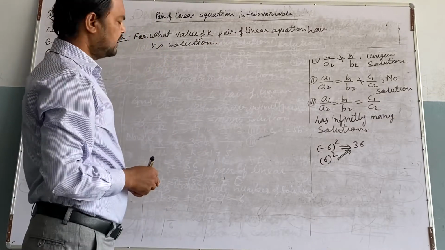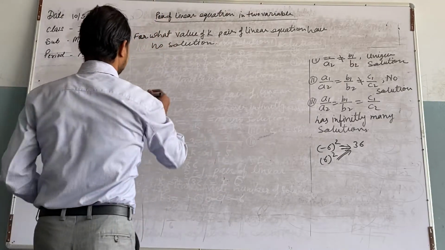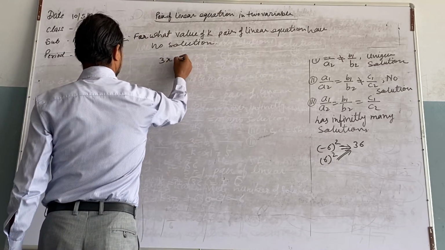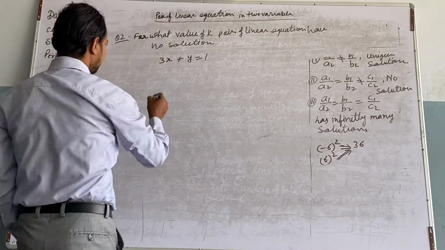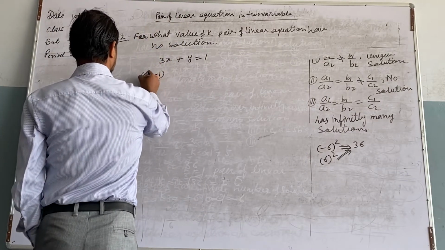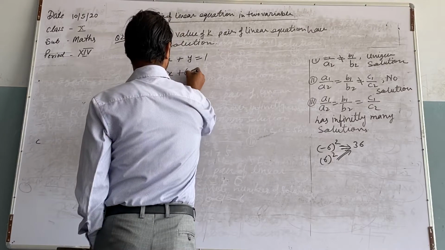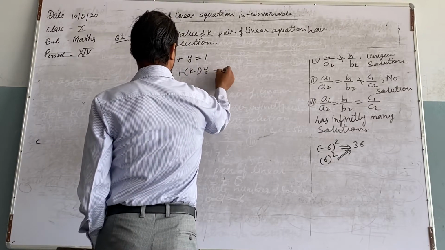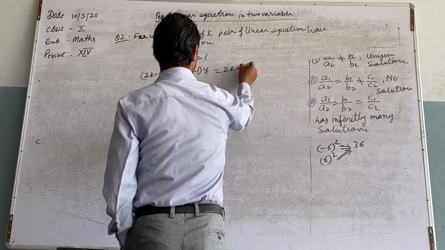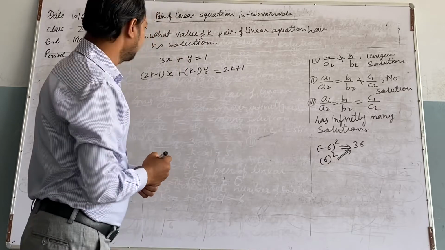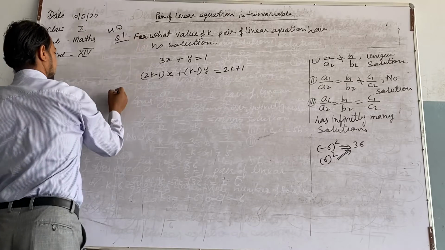For what value of k does the pair of linear equations have no solution: 3x plus y equal to 1, and (2k minus 1) into x plus (k minus 1) into y equal to 2k plus 1. This is homework, question number 1, question number 2.